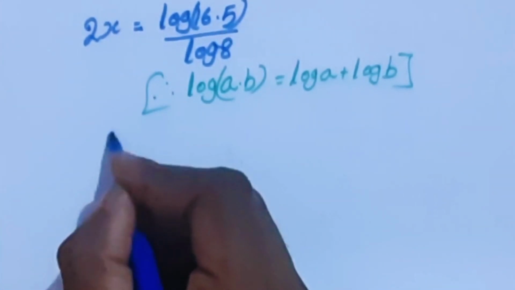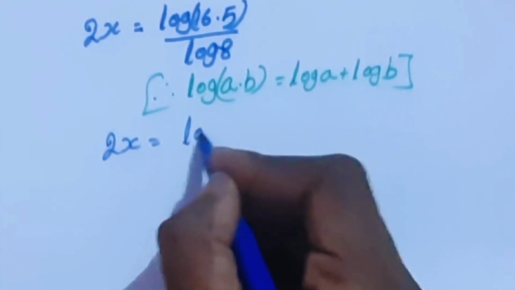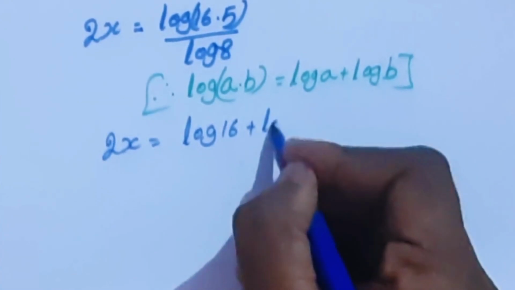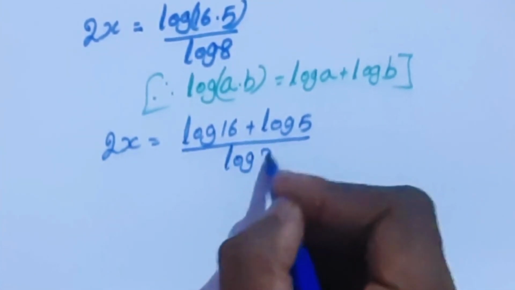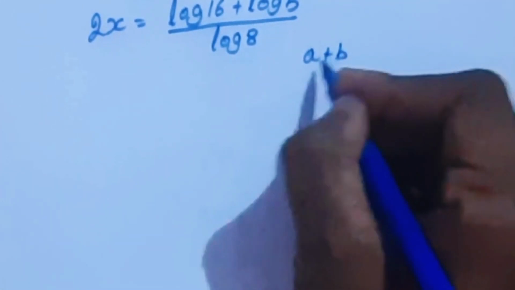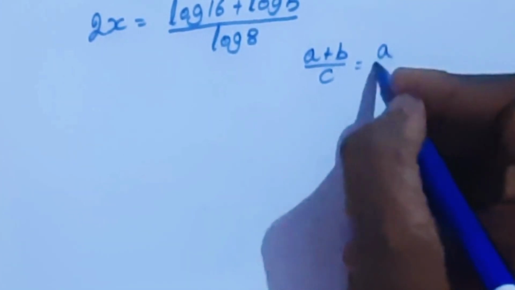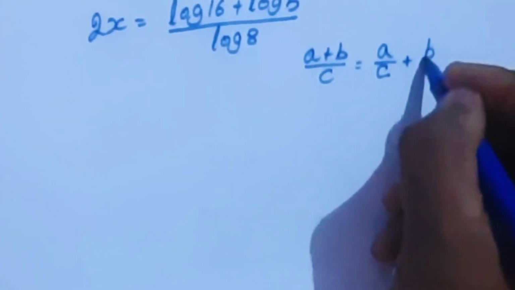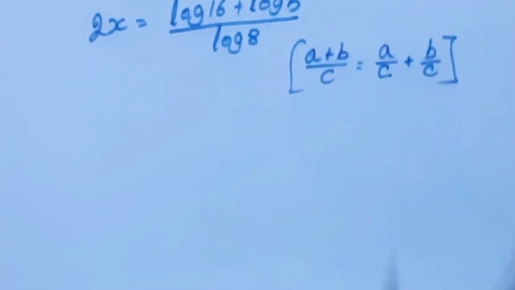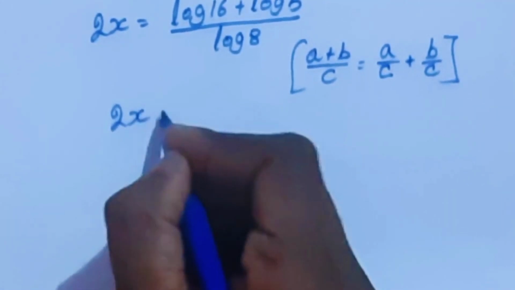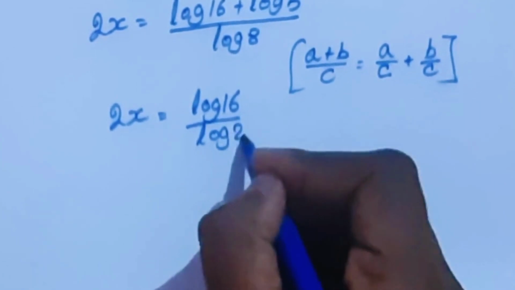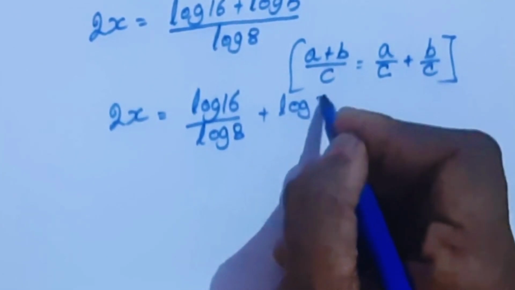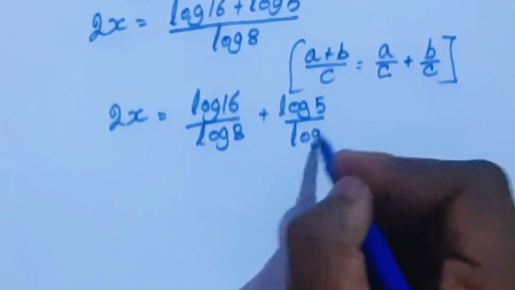So we'll get 2x equal to log 16 plus log 5 in whole divided by log 8. Now here this can be written as a plus b by c equal to a by c plus b by c. This we are going to apply here. So 2x equal to log 16 by log 8 plus log 5 by log 8.